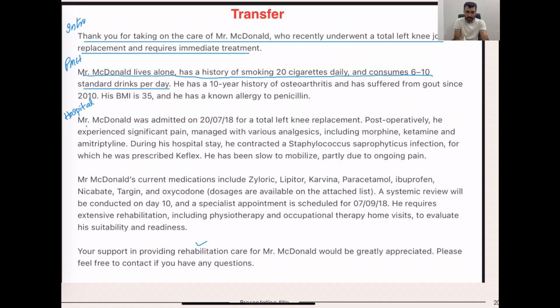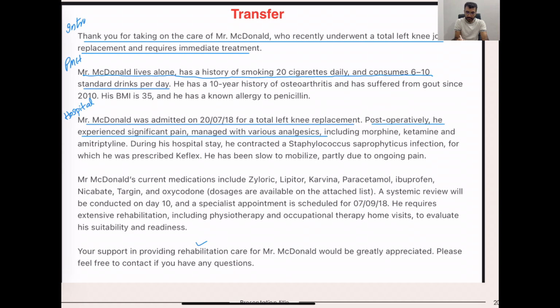Mr. McDonald was admitted on this date for a total left knee replacement. Post-operatively, he experienced significant pain, managed with various analgesics, including morphine, ketamine, and amitriptyline.